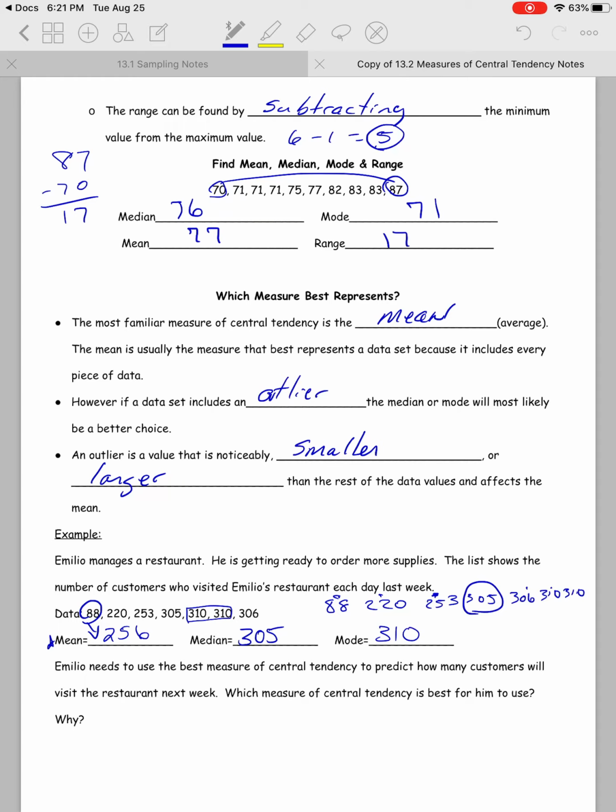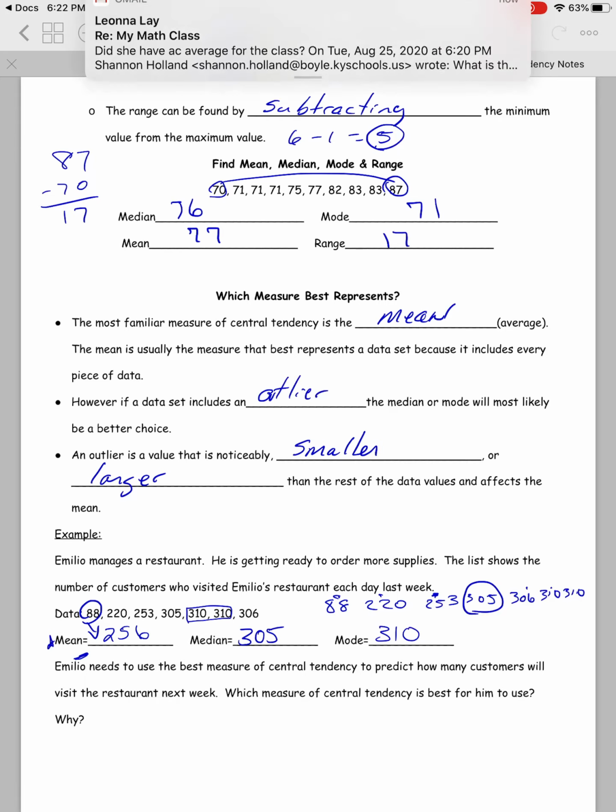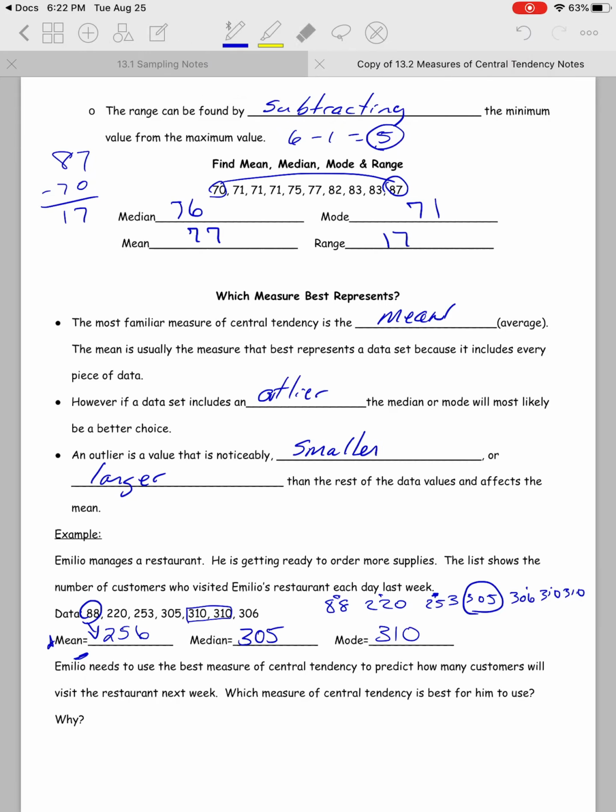Maybe on Sunday the restaurant closes early. Or maybe they open later and they don't serve breakfast. So the numbers would differ, right? And therefore, if you use the number 256, you may not order enough supplies, and that would be bad. You wouldn't have enough food for everybody.